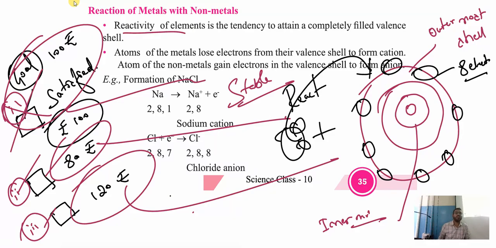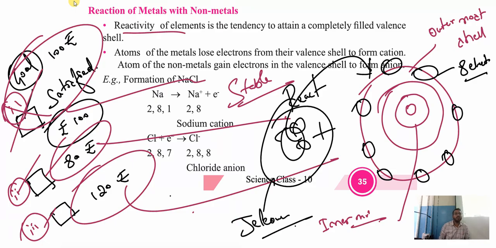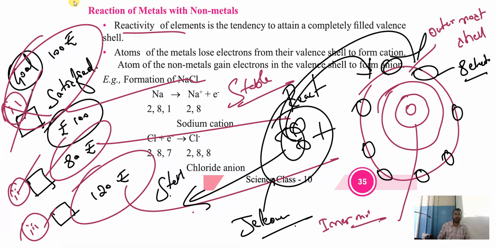Understood the concept? But my dear students, even he is jealous. Even he is also trying to become stable. If we give 2 electrons to him, then he will become deficient, right? इसके पास electrons कम हो जाते हैं ना. इन्हें क्यों देना?